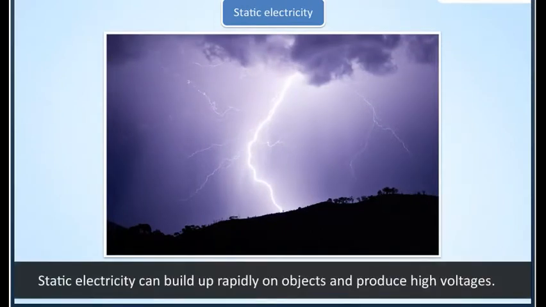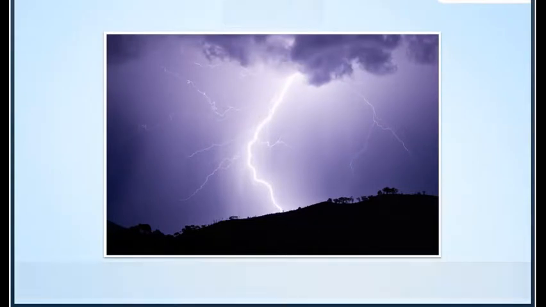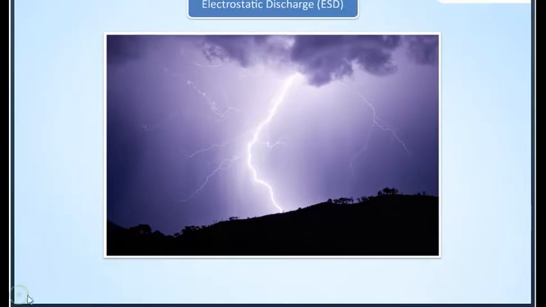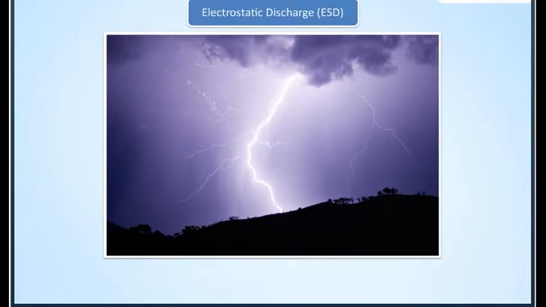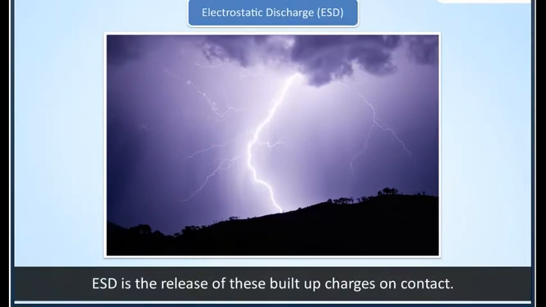Static electricity can build up rapidly on objects in unexpected ways and produce high voltages that only last a microsecond or less. Electrostatic discharge, or ESD, is the release of these built-up charges on contact or close proximity with any body.